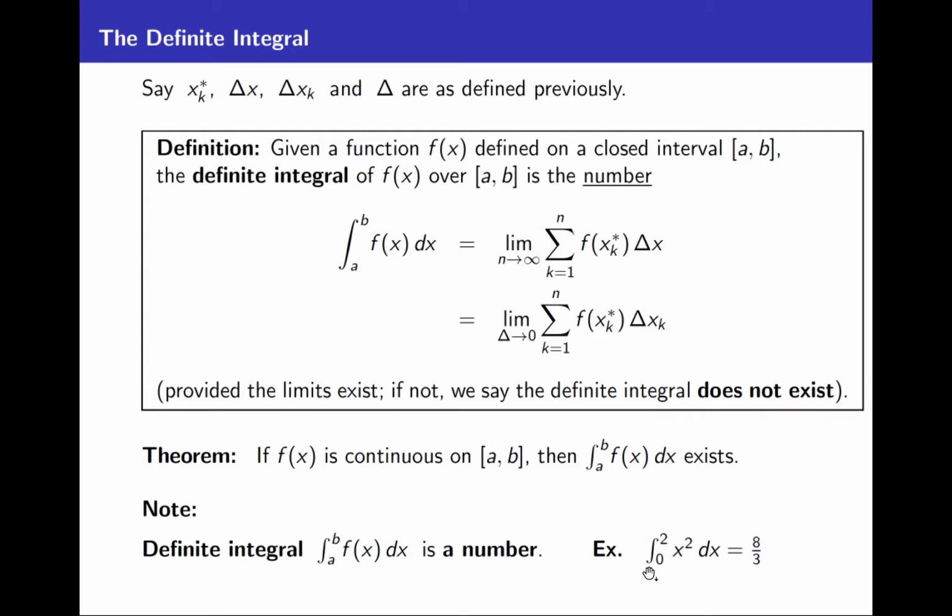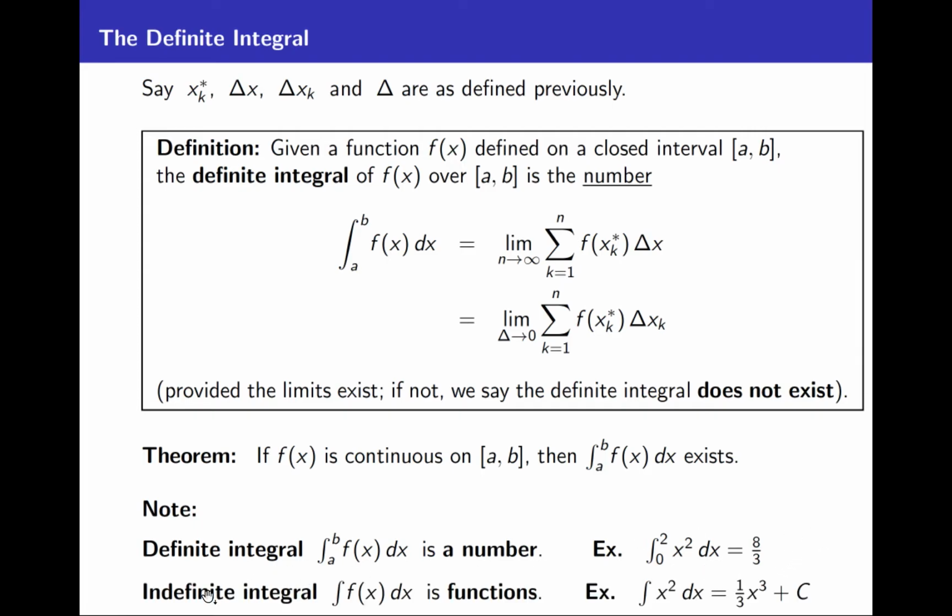And remember how we computed that in the last lecture? It was equal to 8/3. We actually worked out the limit of Riemann sums, and we got 8/3. So the definite integral is a number: the definite integral from 0 to 2 of x squared dx equals 8/3.